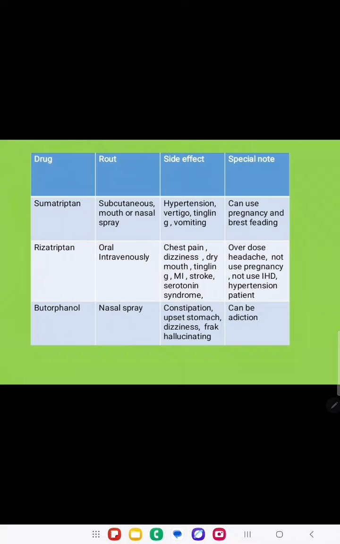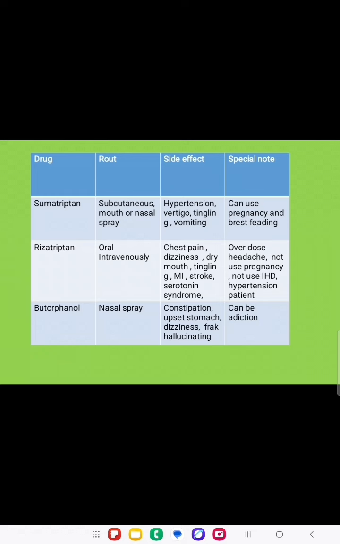Drugs. You can see mainly three drugs we use. Sumatriptan is given mainly subcutaneously, orally, or as a nasal spray. Hypertension, vertigo, tingling or vomiting are side effects that can be seen. We can use it in pregnancy and breastfeeding.